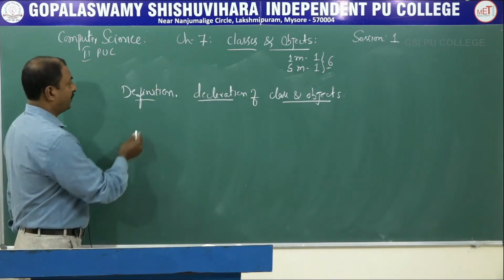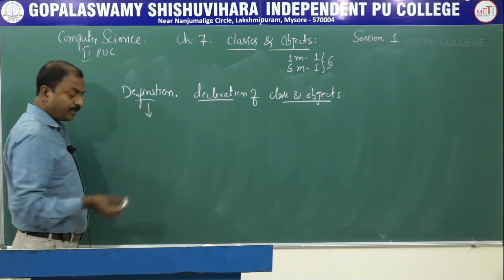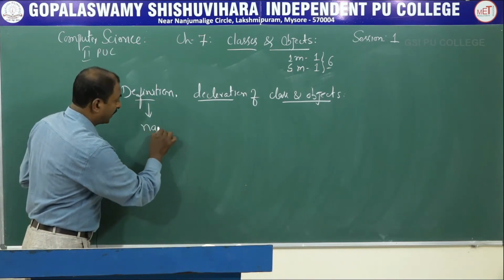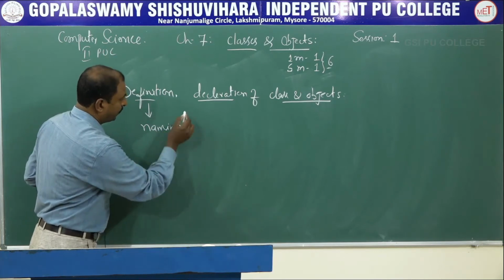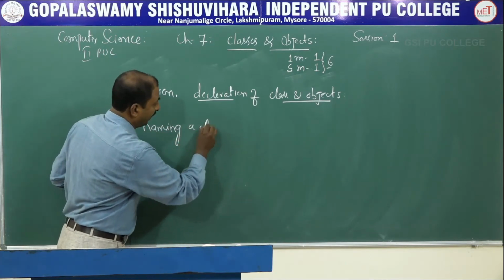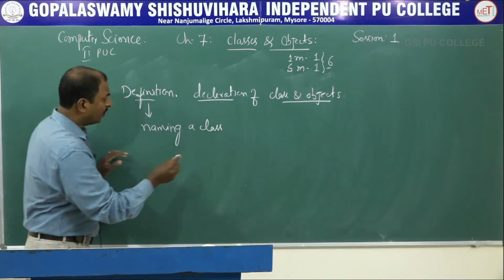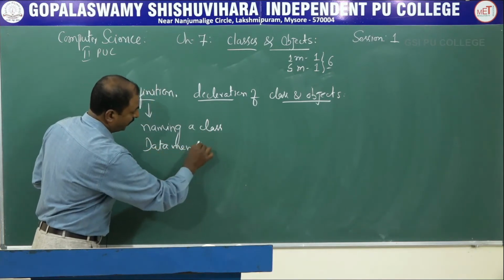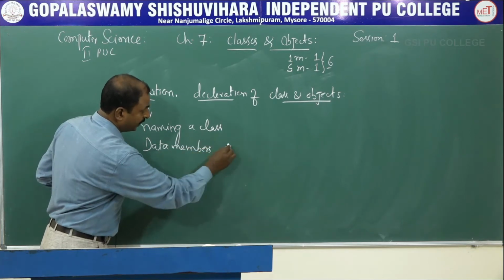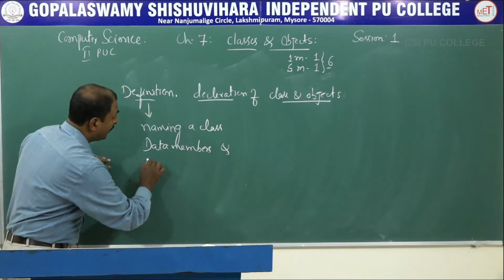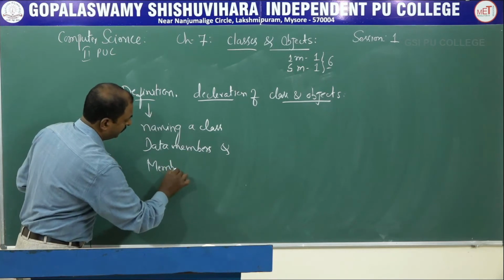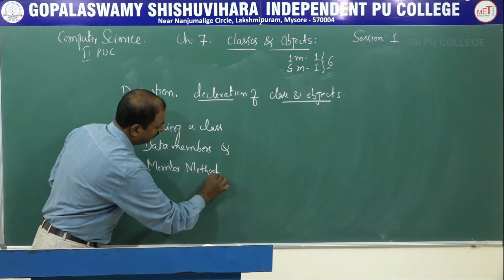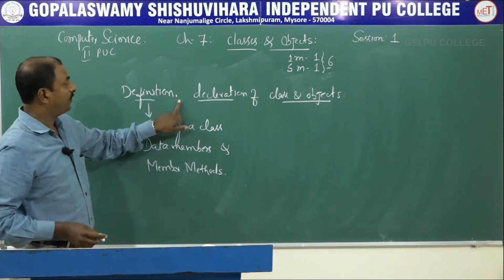What is a class definition? This class definition is nothing but the process of naming a class, along with data members and member functions or member methods. So this is the meaning of class definition.